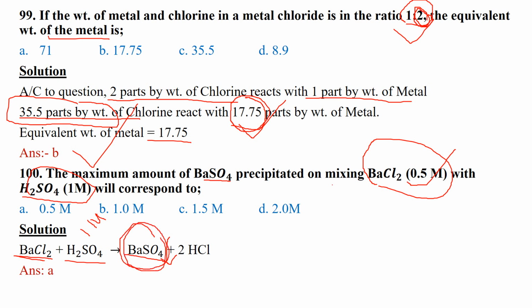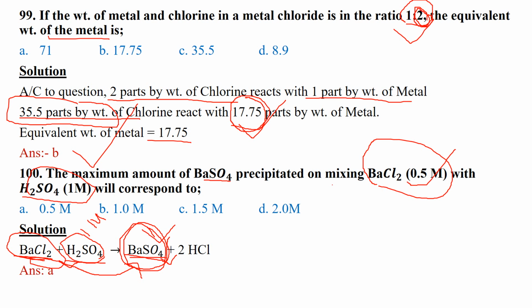The amount of barium sulfate formed mainly depends upon the amount of barium chloride, as the concentration of barium chloride is lower than that of sulfuric acid. So the answer will be 0.5 molar. The barium sulfate will also be 0.5 molar.